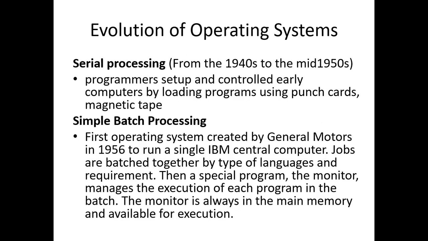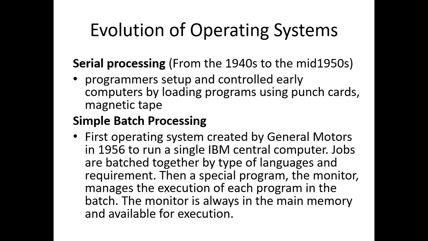Now, when it comes to batch processing, like I said, this is the first operating system, and it was created by General Motors in the 1950s, to run IBM mainframe computers. Jobs are bunched together by types of language and requirements.